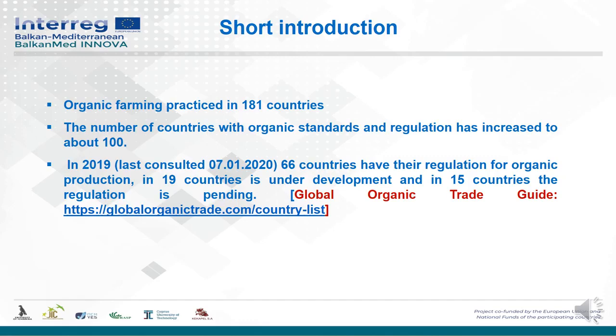And the number of countries with organic standards and regulation has increased compared with some years ago, and now it is about 100. In 2019, 66 countries have their regulation for organic production. In 19 countries the regulations are under development, and in 15 countries the regulations are pending.